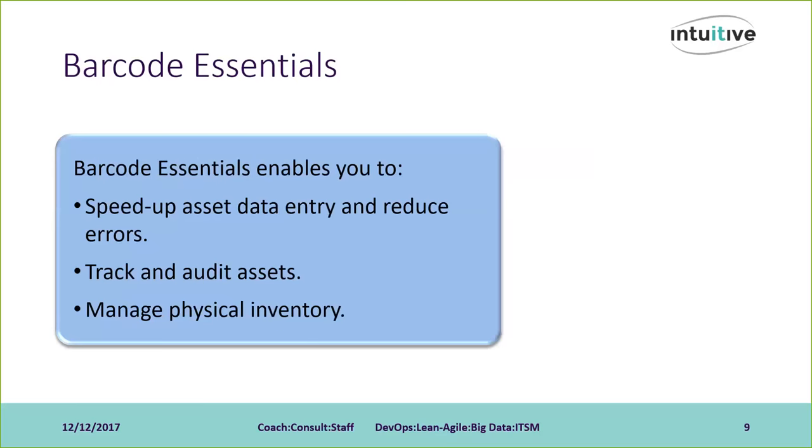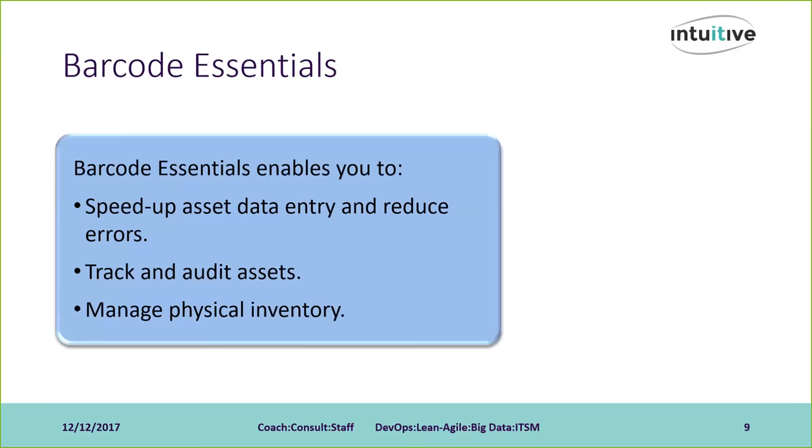So it's not only for IT assets. We can branch out as far as we like with what we manage as far as physical inventories go. The caveat there being, you'd need to conduct those physical inventories with Barcode Essentials to make that happen.